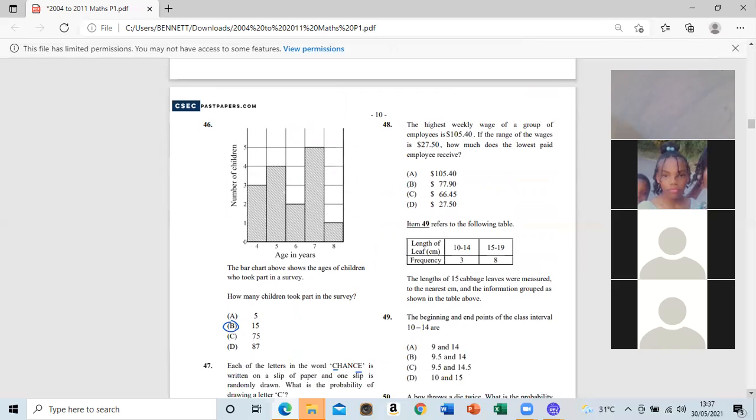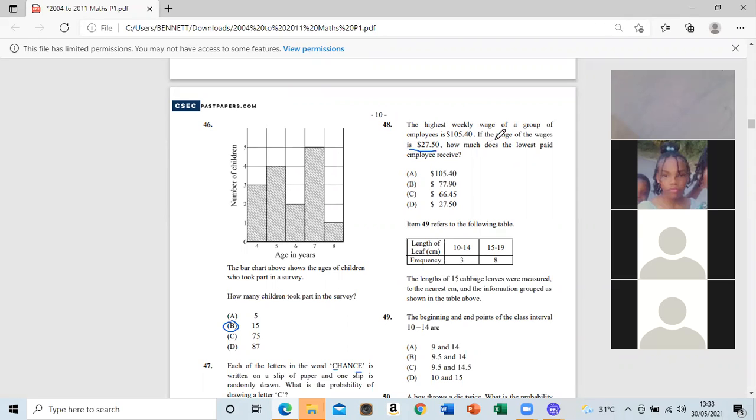All right, 48. The highest weekly wage of a group of employees is $150.40. If the range of the wages is 270. When I understand what I said, the range, right? It's the biggest minus the smallest.